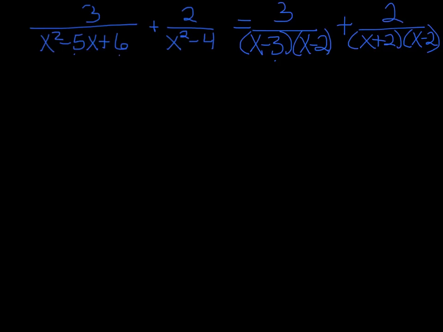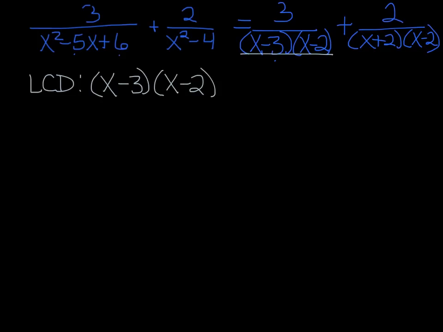So now we need to come up with a lowest common denominator. This denominator has an x minus 3 and an x minus 2, so we need those. This denominator has an x plus 2, which that one doesn't have, so we need one of those also, x plus 2. And it has an x minus 2, but x minus 2 is already taken care of right there, so we don't need another one of those.